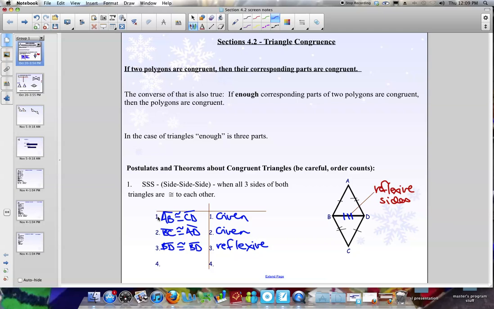Now I've shown that all 3 pairs of sides are congruent to each other, and therefore, because of side, side, side, I can say that my triangles are congruent. So I'm going to write my congruent statement that we learned how to do in section 4.1. I'm going to name my first triangle ABD.